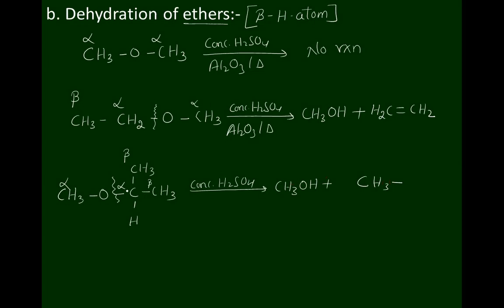Now I will take this carbon atom. What happens? We get carbon, and this hydrogen will stay like this only. I will remove one hydrogen atom from this, and we get CH2 double bond CH2. That's all. 1, 2, 3. Note it down.